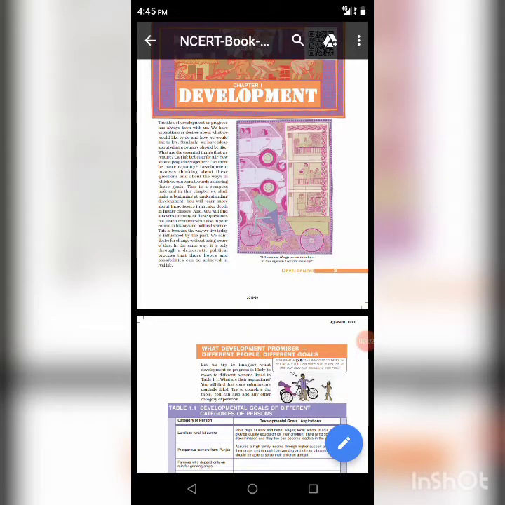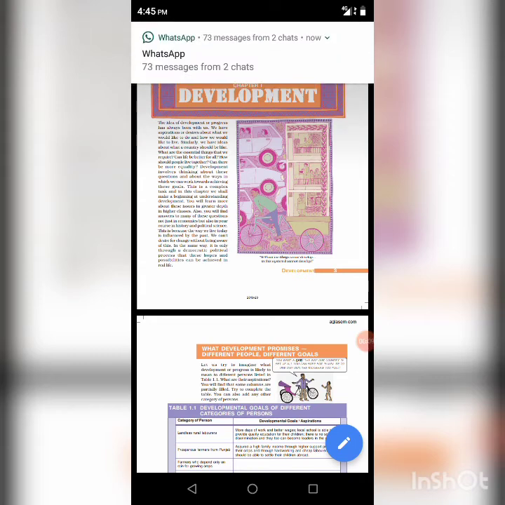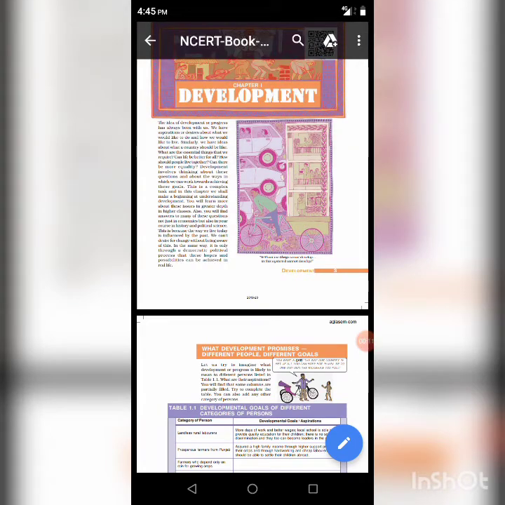We will discuss class 10th economics first chapter, Development. The idea of development or progress has always been with us. We have aspirations or desires about what we would like to do and how we would like to live.